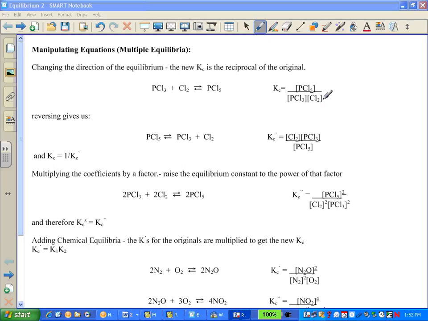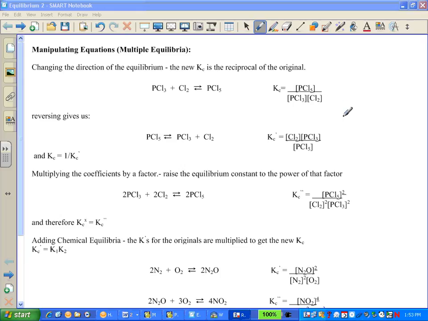Now, if we reverse this equilibrium to become PCl5 in equilibrium with PCl3 plus Cl2, what we can see is that the new equilibrium constant expression, the concentration of Cl2 times the concentration of PCl3 over the concentration of PCl5, is simply the reciprocal of the original Kc expression.